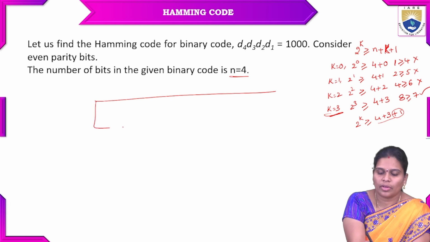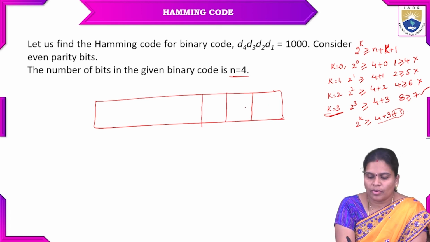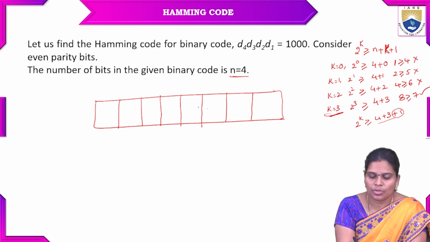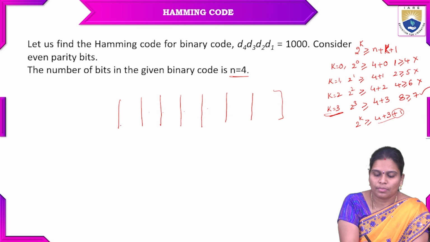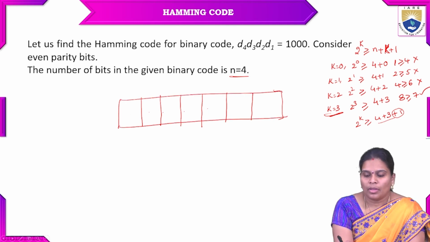So here the data is a total of 7 bits: 1, 2, 3, 4, 5, 6, 7.